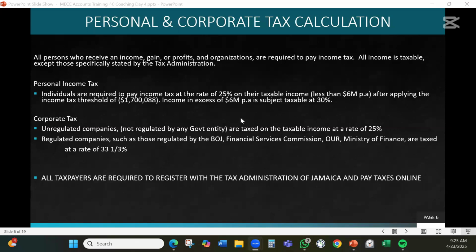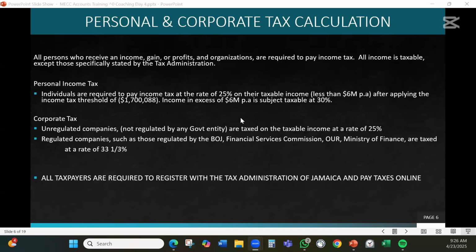Income that is over $6 million currently is subject to 30% tax. So we have two rates that we're working with now, 25% and 30%. As long as you're below 6 million, you'll be subjected to the 25%. But if you are below the threshold, you won't pay PAYE.